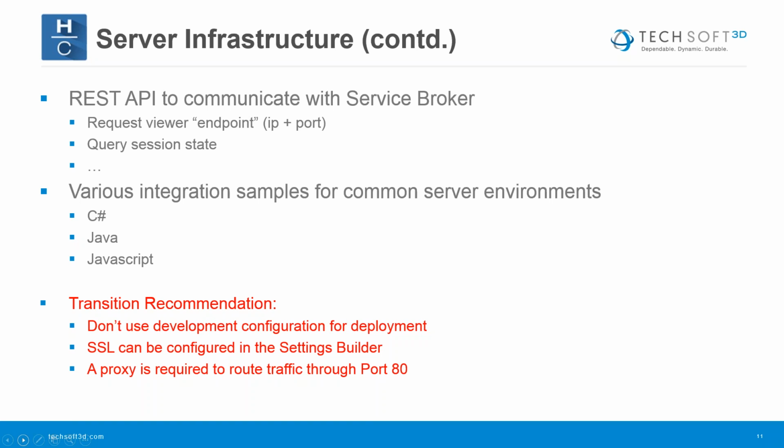Things like SSL can be configured inside the settings builder, but you do need to worry about proxies. The way the viewer works, every viewing session runs on a non-standard port, which is okay in a lot of cases. But if you have to route your data through some firewalls, especially in larger enterprises and larger companies, then you do need to put a proxy in front of that.